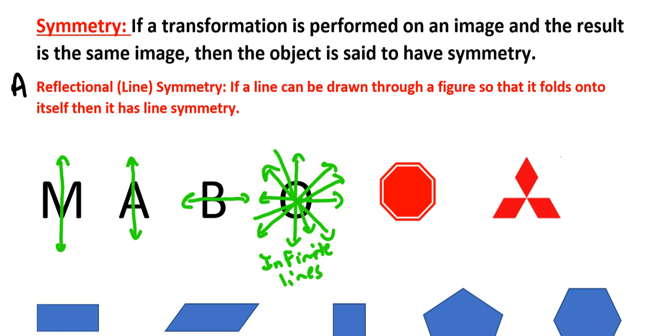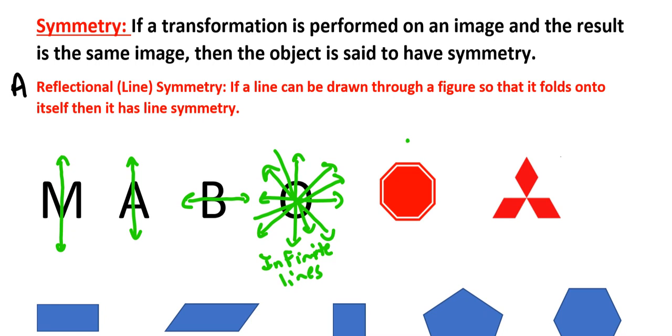For this next figure, our stop sign, our octagon here, I did it without the word stop because if stop was there, you can't technically draw any lines through it because it wouldn't have the reflection. But if we're just looking at the octagon part of it, it does have line symmetry. We have a line coming down here.